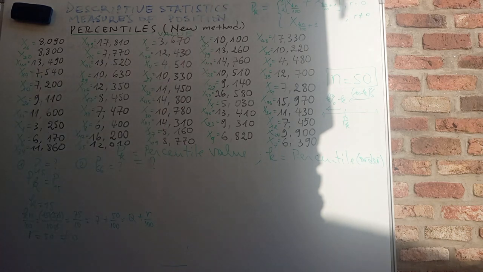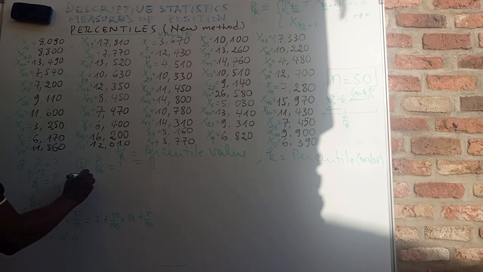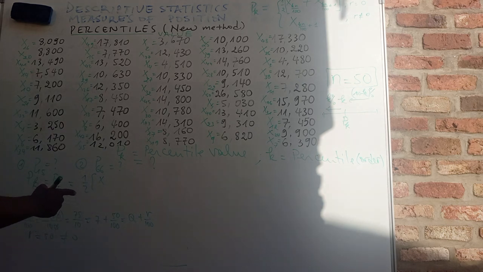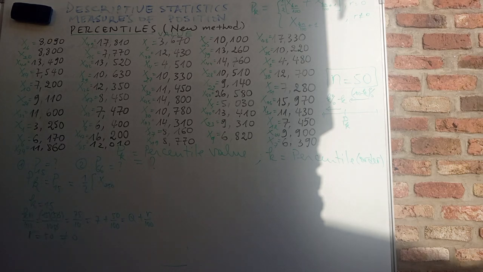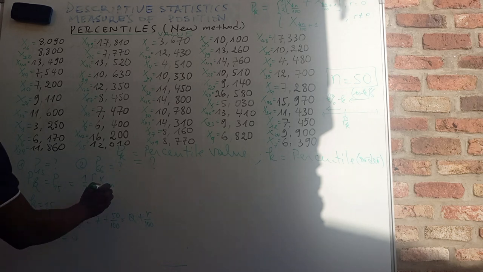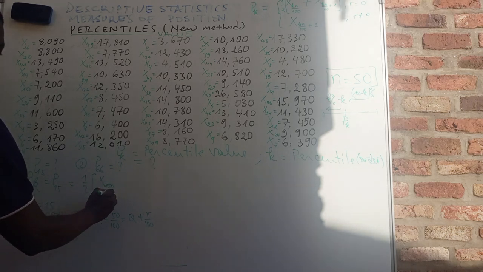Now this is different from 0. K times n is 750, where k is 15 and n is 50.